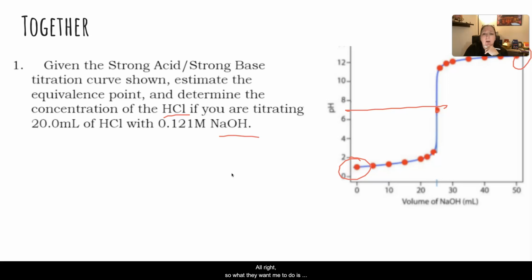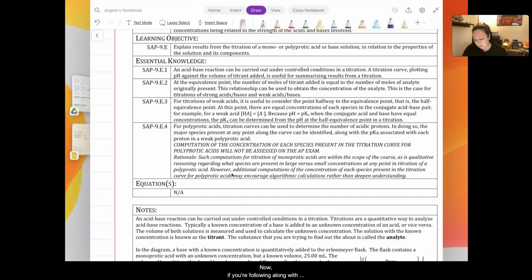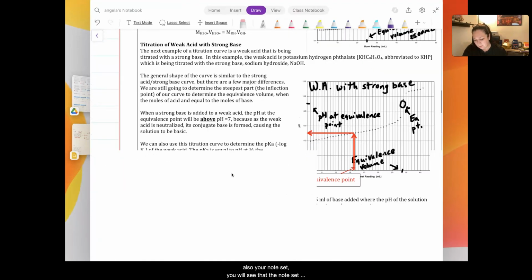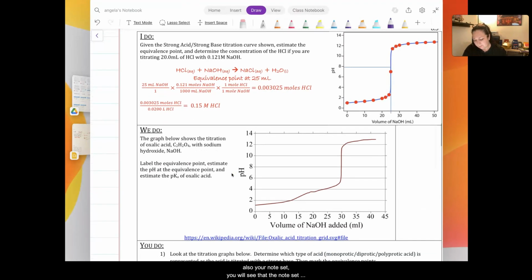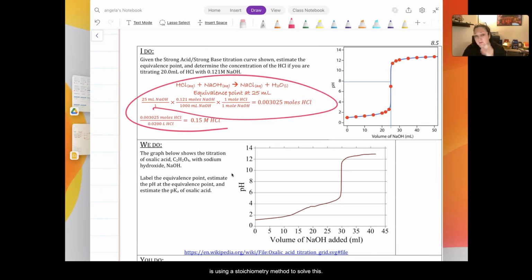All right, so what they want me to do is figure out the unknown concentration of the HCl. My favorite formula for this is M1V1 equals M2V2. Now, if you're following along with your note set, you will see that the note set is using a stoichiometry method to solve this.